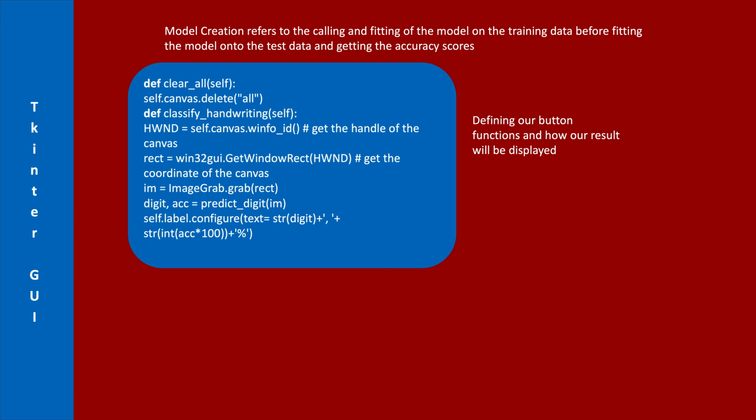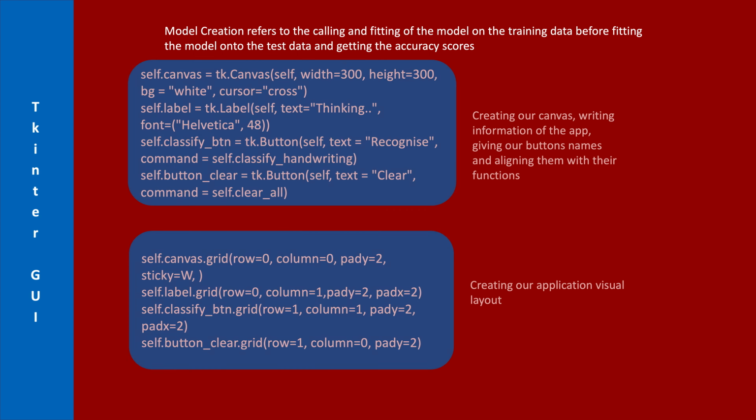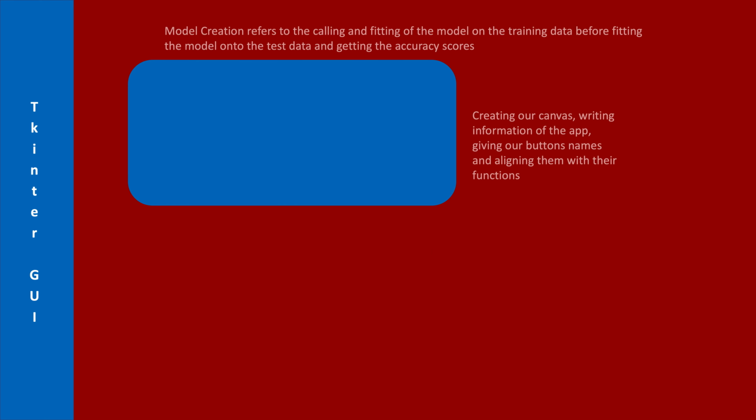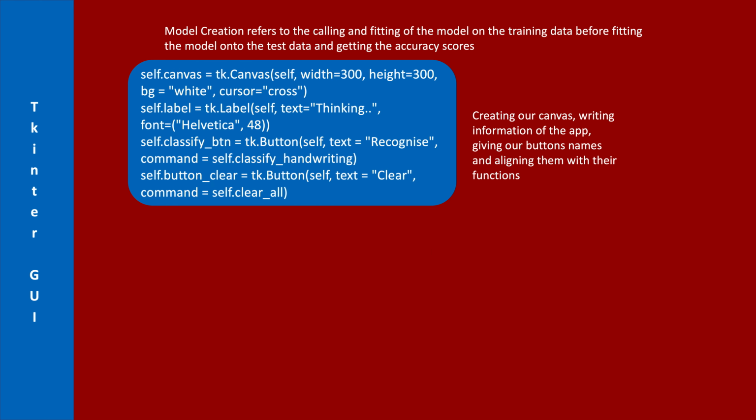What does it do if it's supposed to classify the handwriting? Then it will call the handle of the canvas. So simply this image prediction function which we defined here in the start, let me go there, this predict image, it is calling that function. Then we are getting the coordinates of our canvas, predicting and displaying our confidence score.